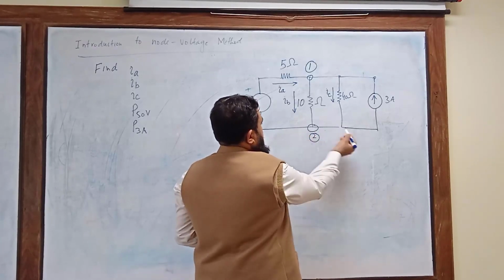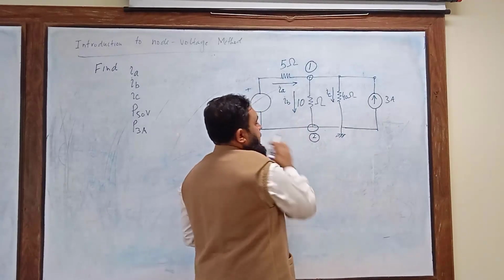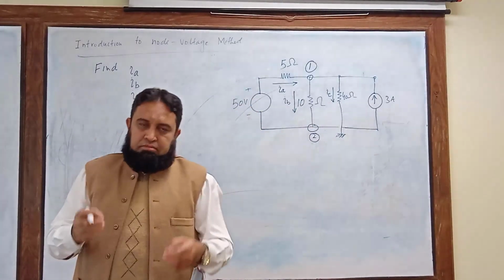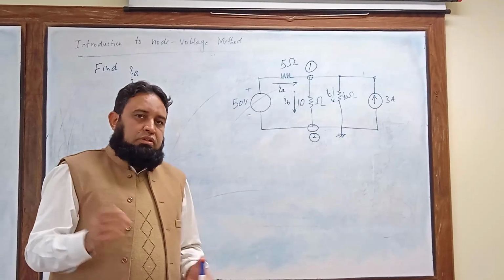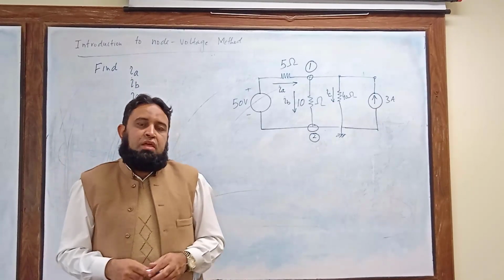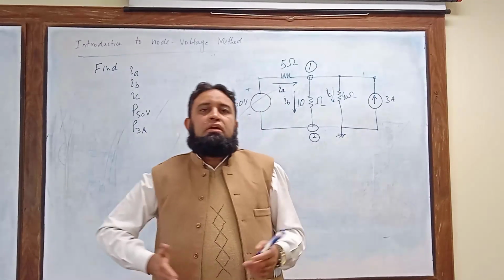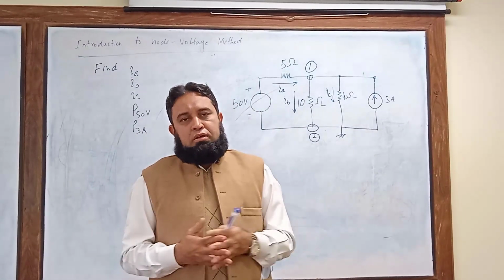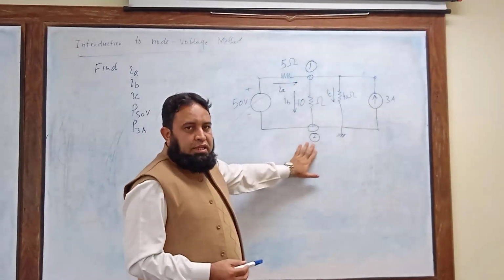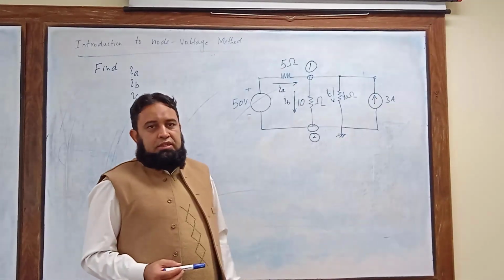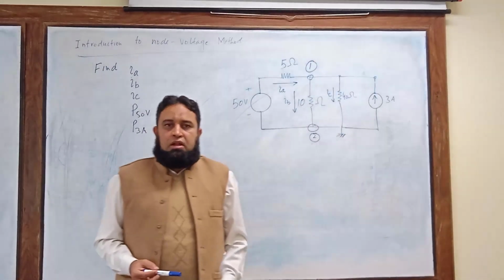Of course you can write a ground symbol here, here, or anywhere; it will work the same. So there are 2 essential nodes. Again, the choice is yours: whichever node you can mark as a reference node. Let's assume we mark this as the reference node, so I can mark it as ground.